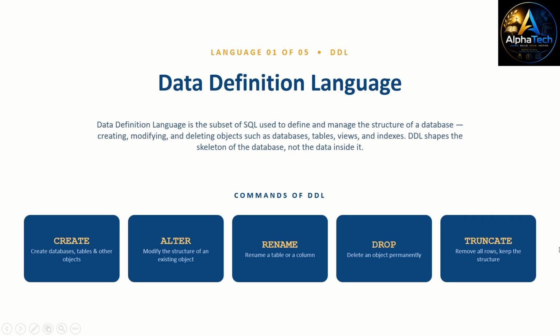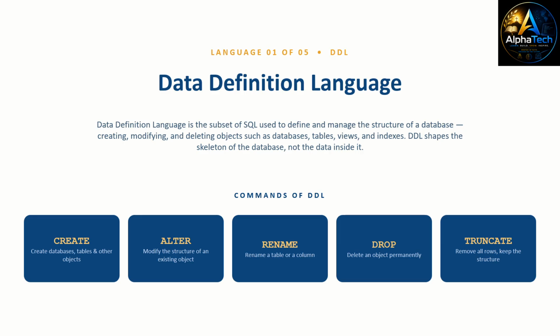These are the five commands that are present in data definition language. The first one is create. This helps us in creating databases, tables, and other objects. And alter. Alter is the second command in DDL, which helps us modify the structure of an existing object, which means we already have column names and a table name, right?